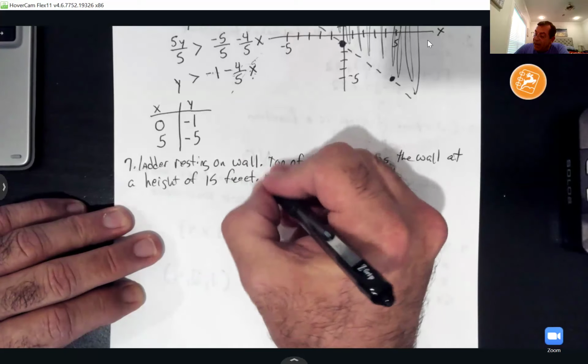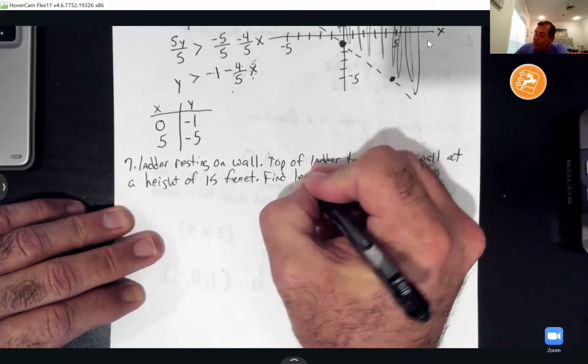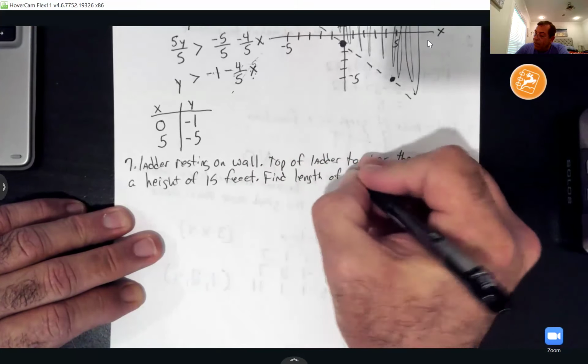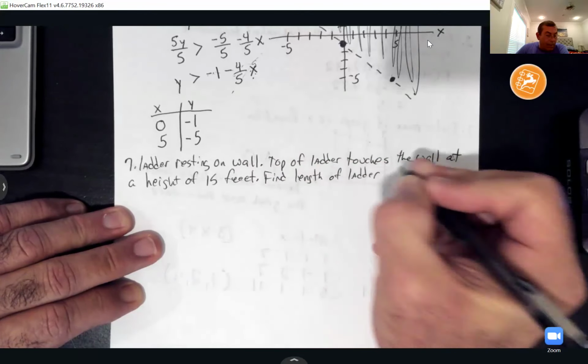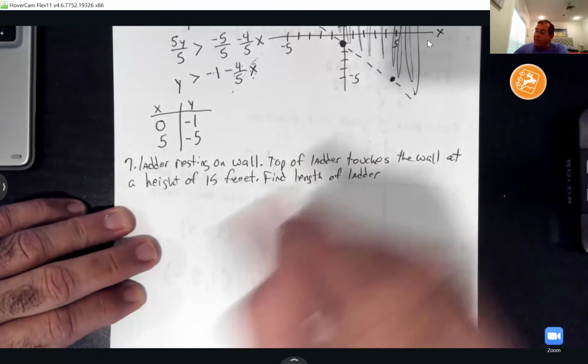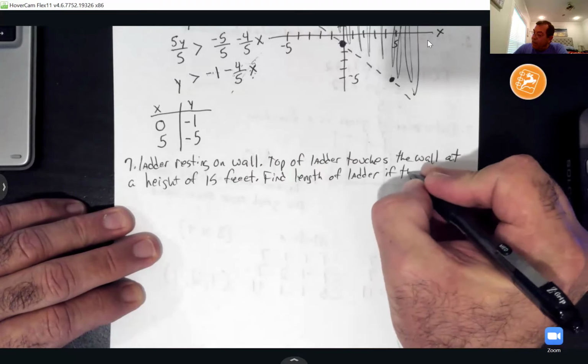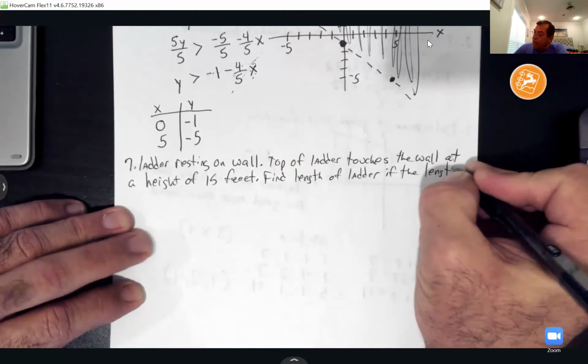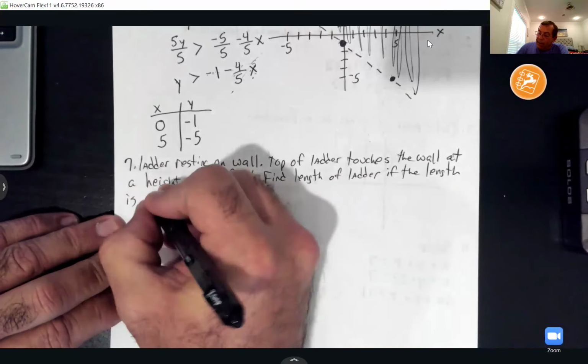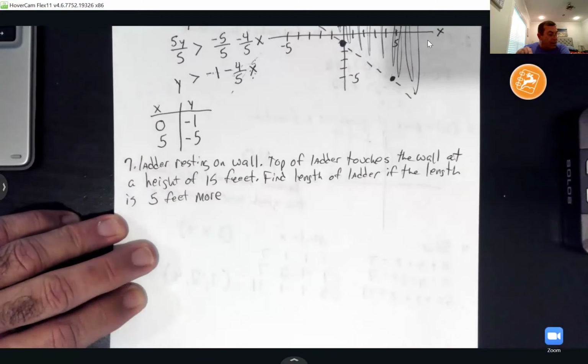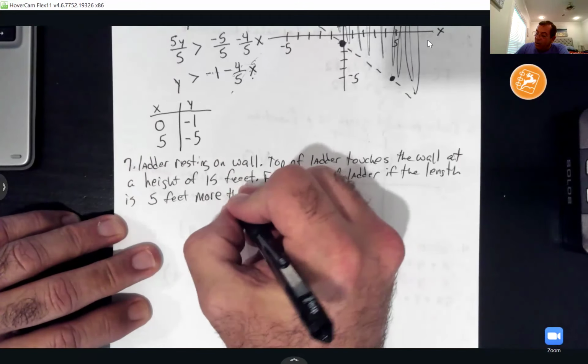Find the length of the ladder if the length is 5 feet more than its distance from the wall.